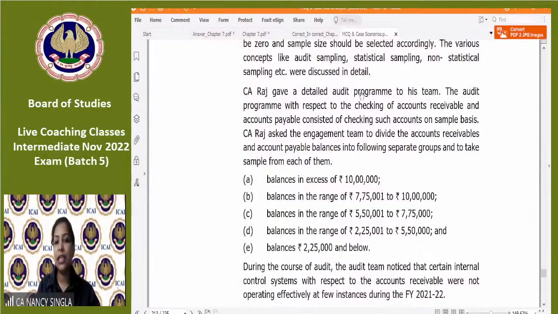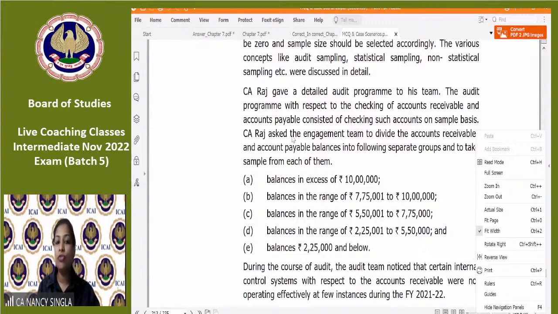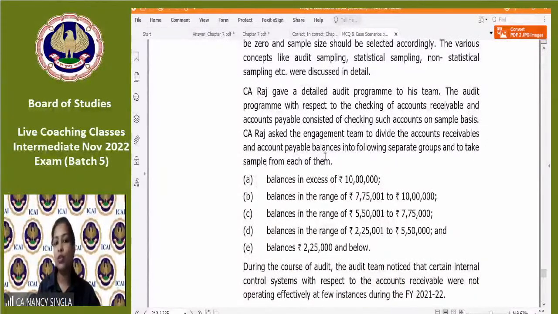CA Raj gave a detailed audit program to his team. The audit program with respect to checking of accounts receivable and accounts payable consisted of checking some amounts on sample basis, for which CA Raj asked the team to divide accounts receivable and accounts payable into following separate groups. Okay?